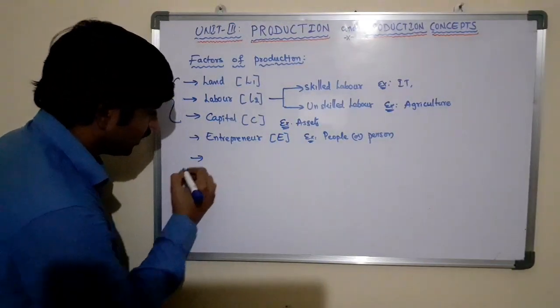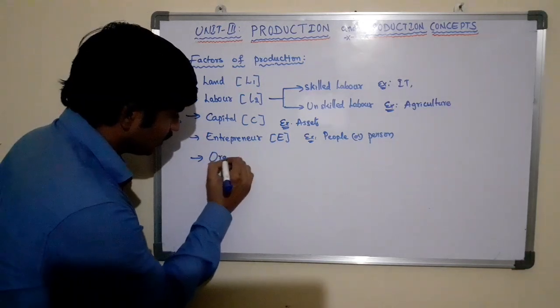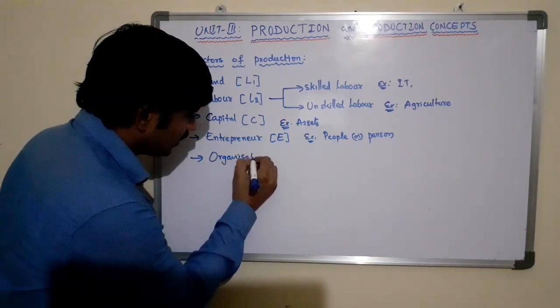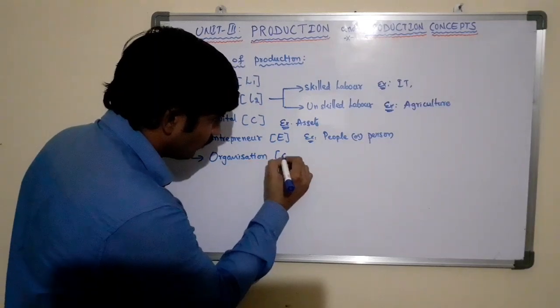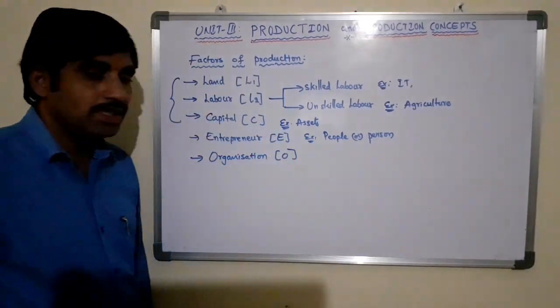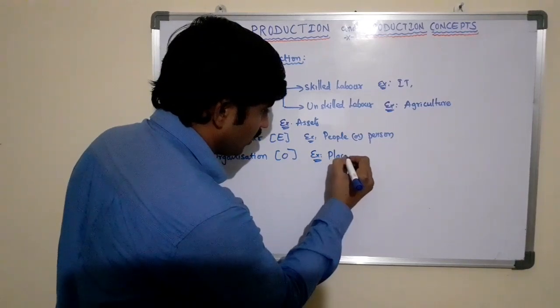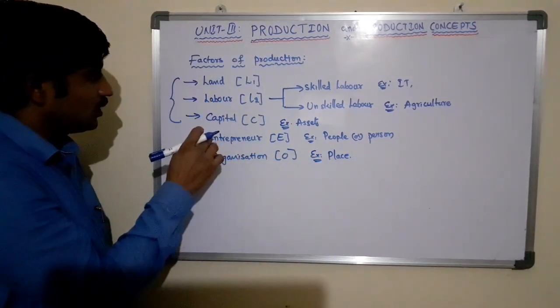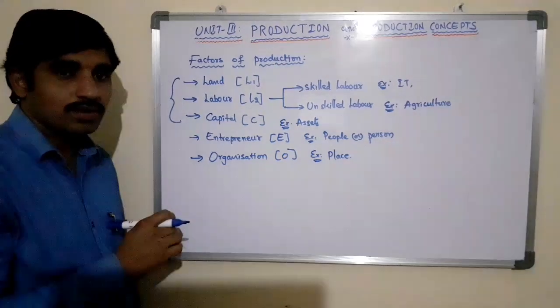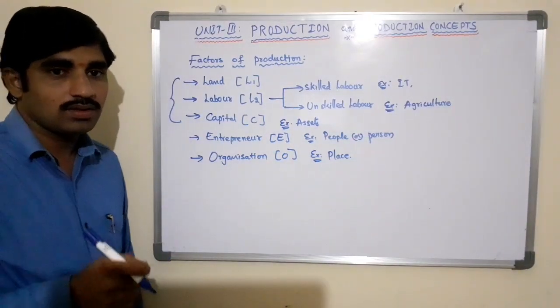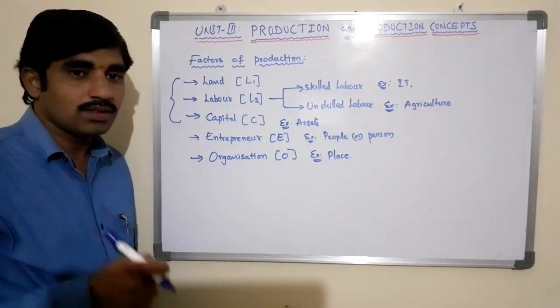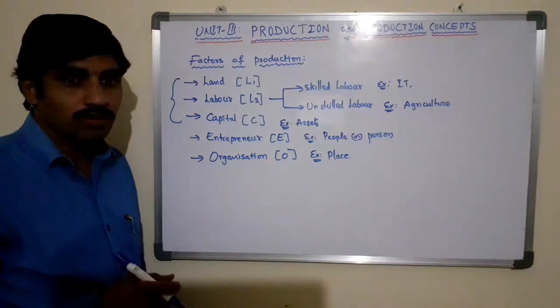Then other than the entrepreneur, organization. Organization is denoted by O. Organization is a place where all these resources, including the entrepreneur, can work and start operations or activities to produce the product.